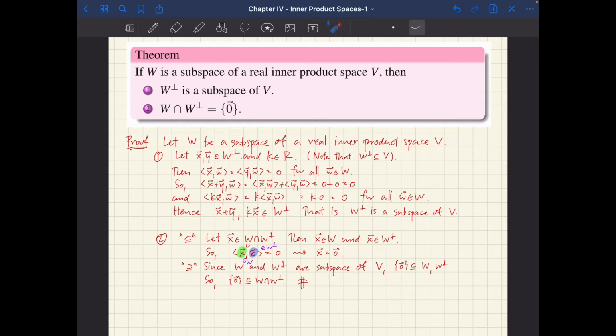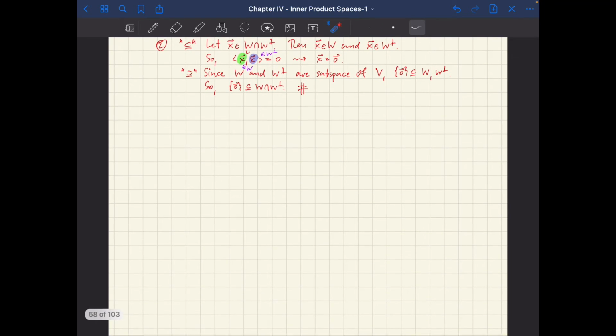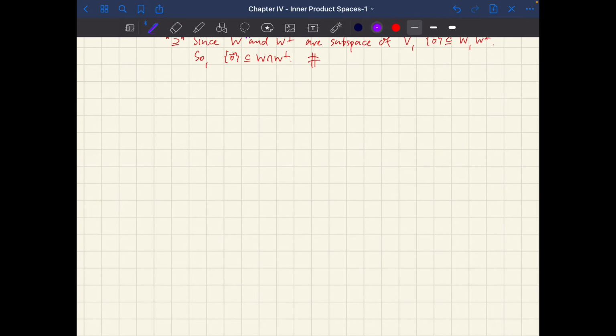From the definition of W perp, we know that if we have W, we can find W perp, right? And we already know that W perp is a subspace of V. So this leads to our question: if we need to find the orthogonal complement of W perp, what does it mean?